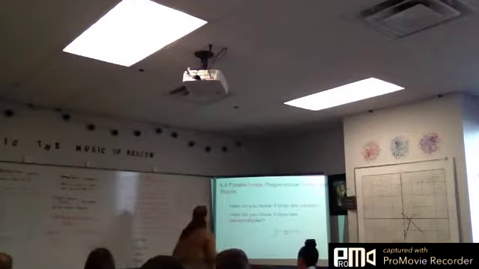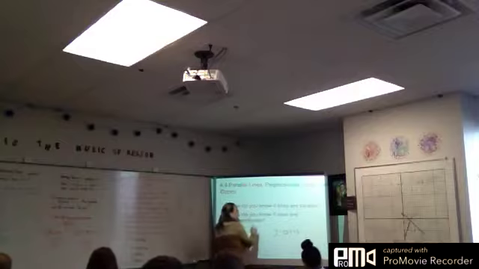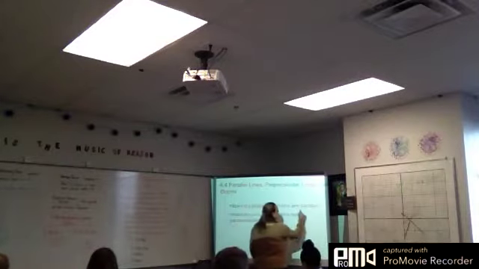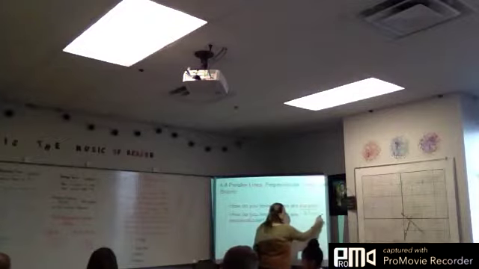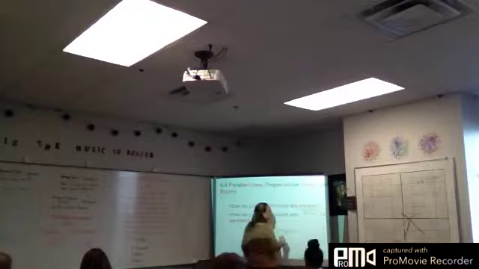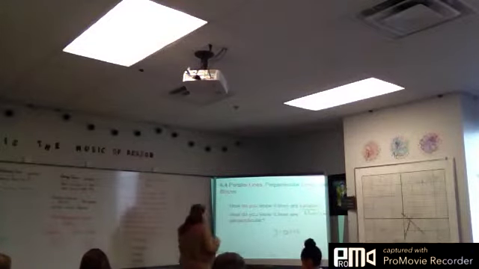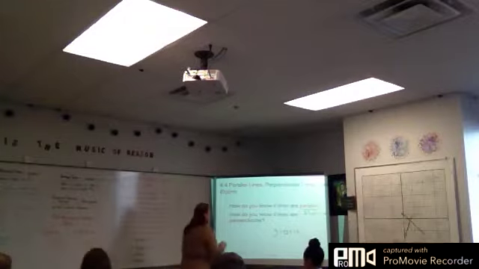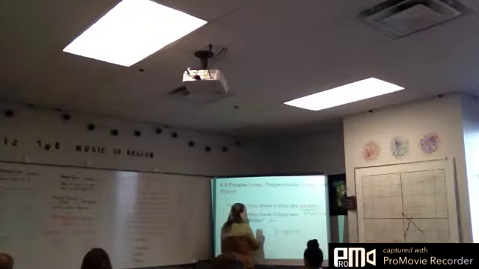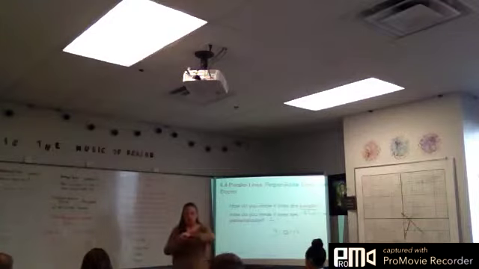It was easier actually to write it out. So if they are parallel, the slopes are equal, right? If they are perpendicular, what do we know about their slopes? They're opposite. Opposite what? Be more specific.